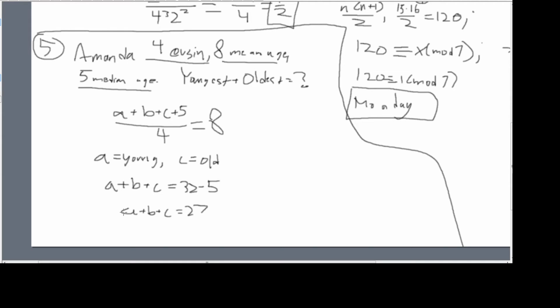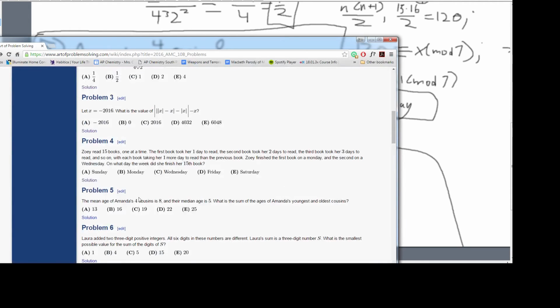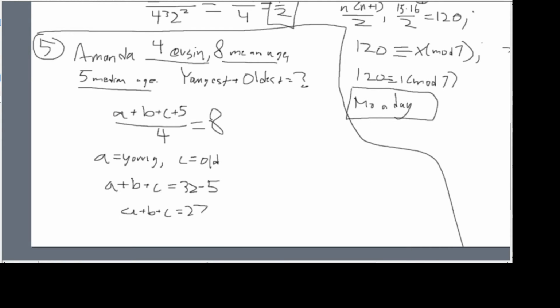And do they give anything more? Oh, the median is going to be 5, so that's probably going to mean something because there's only 4, so you cannot really have a median of 5. Somewhere here is going to be 5. So if the median is 5, then it's probably going to be that this is going to be 4, 6, and then D. Or let's call that C to prevent any confusion.